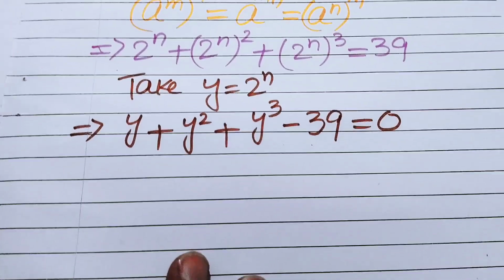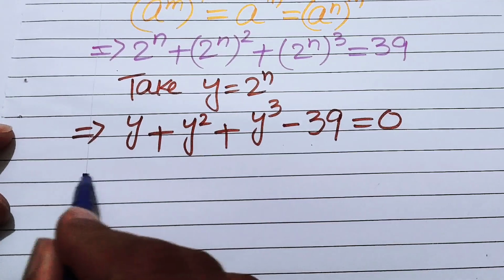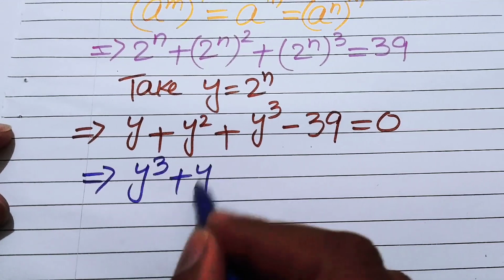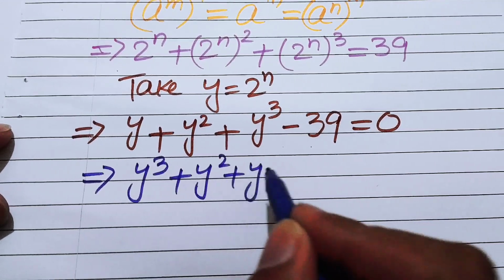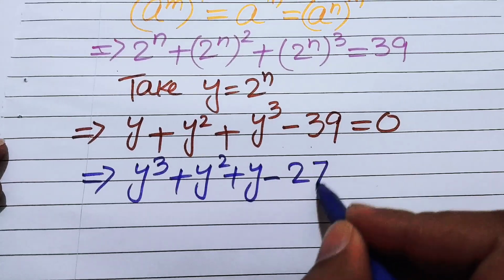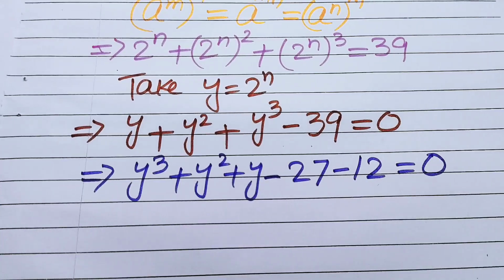So in the next step we will rearrange the terms and write this expression as y cubed plus y squared plus y, and now we write this 39 as minus 27 minus 12 equals 0.